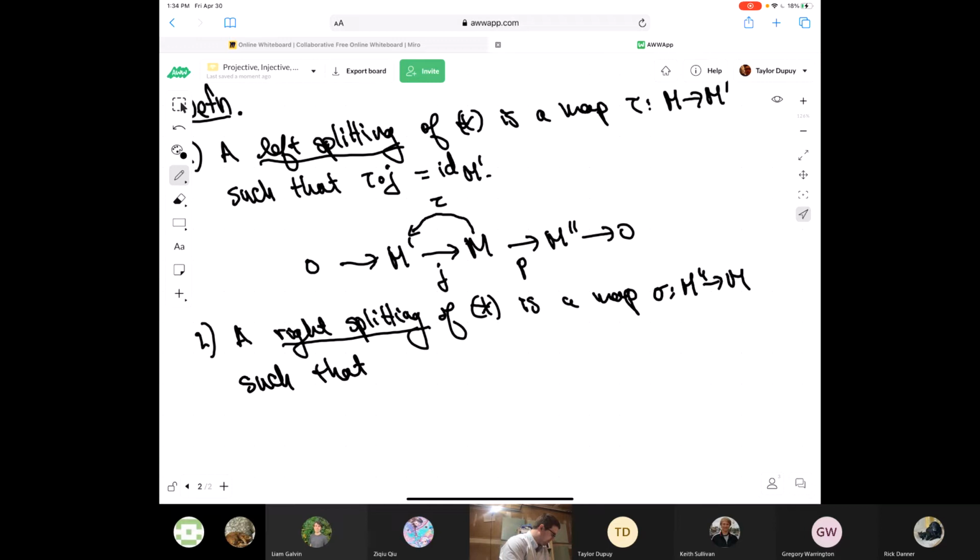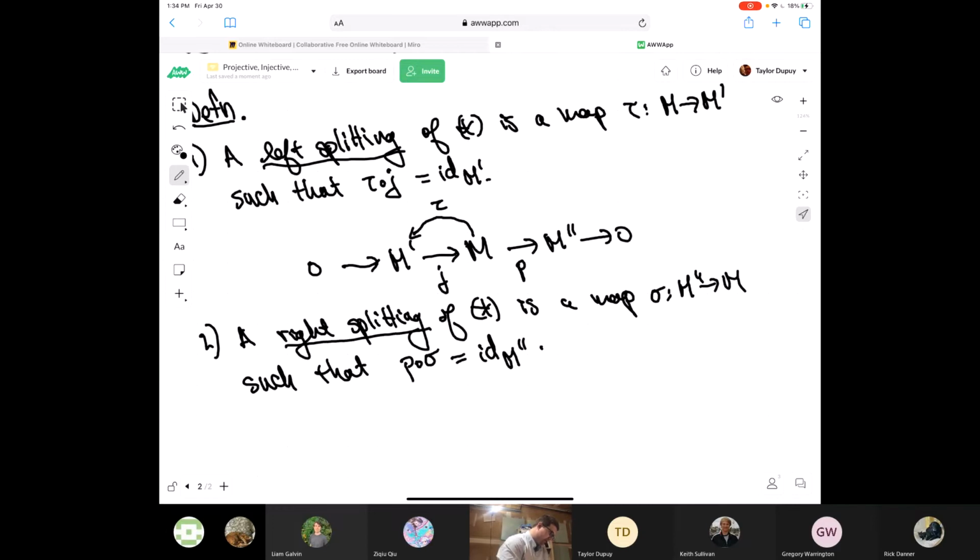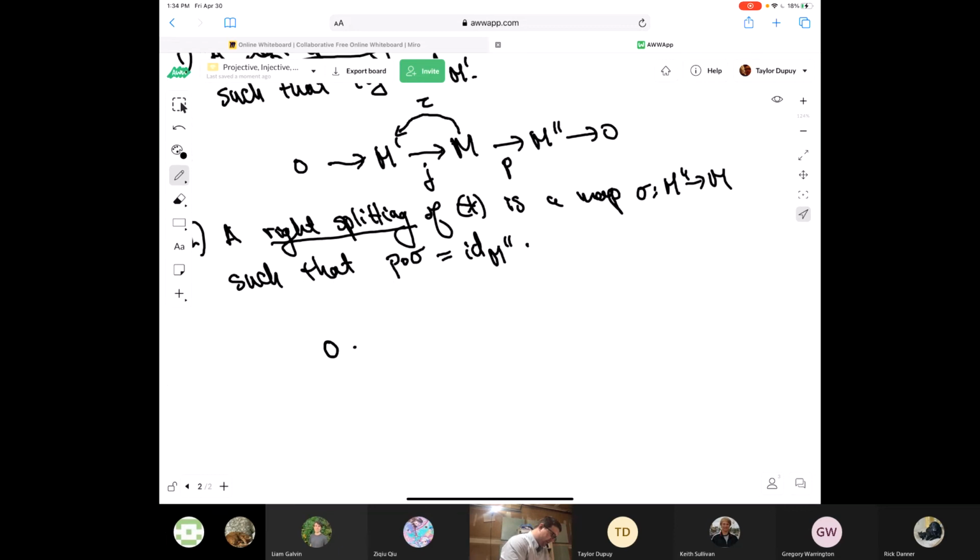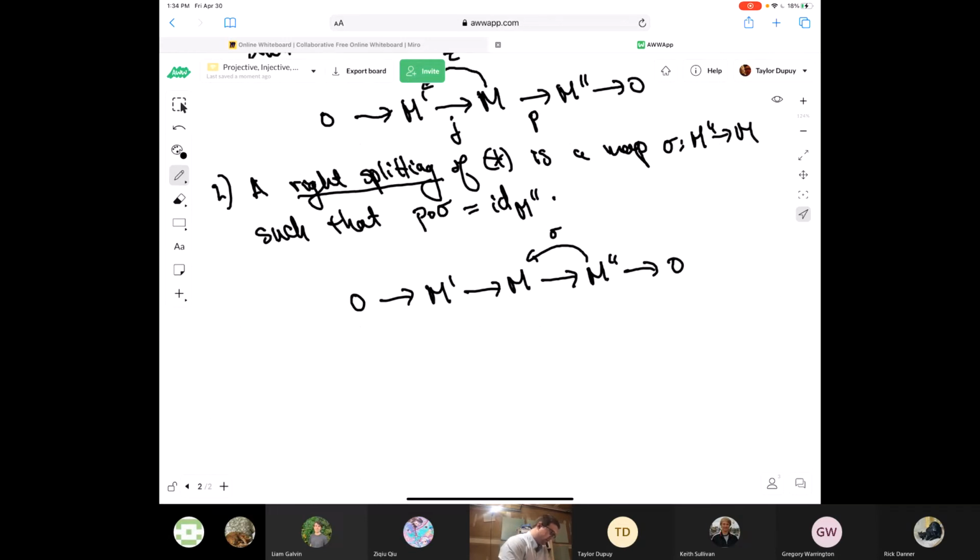So what you're going to do is you're going to take sigma, and then you're going to apply P, and then this is going to be the identity on M prime prime. Okay, so here we'll write it out again. So you go like this, M prime, M prime prime, and then we're going to go back like this, sigma, 0. Okay, such that this holds. Okay, so here's P and J. So yeah, this is a right splitting.